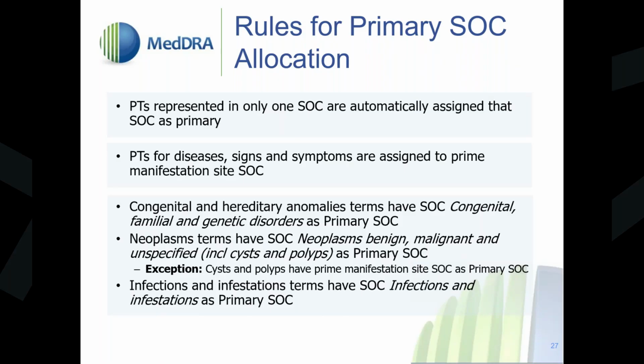But it's important for us to amplify that signal for congenital deformities. If we have a new product and we're trying to make sure that it's a safe product, we want to make sure it's not going to lead to congenital deformities. And it's not going to lead to any cancer. And it's not going to lead to any infections. So those three types of conditions are amplified when we create the primary system organ class allocation.